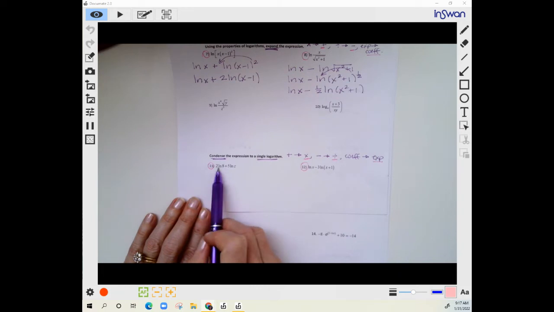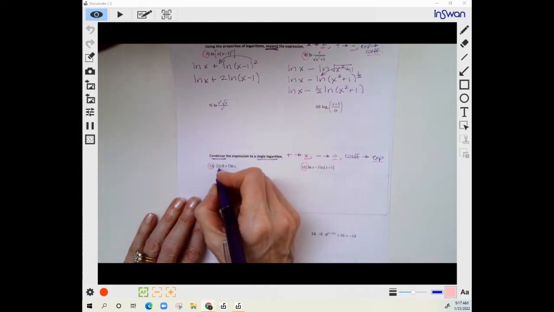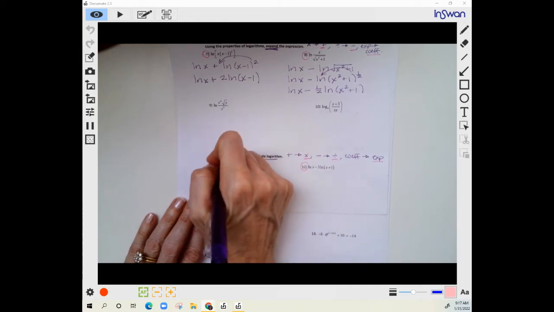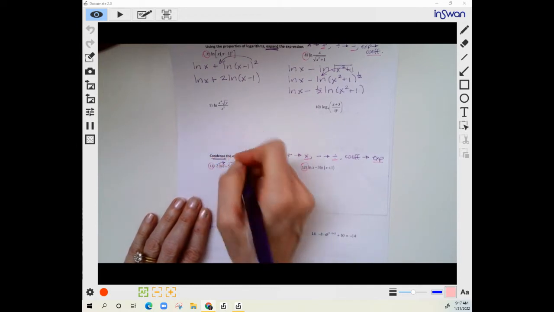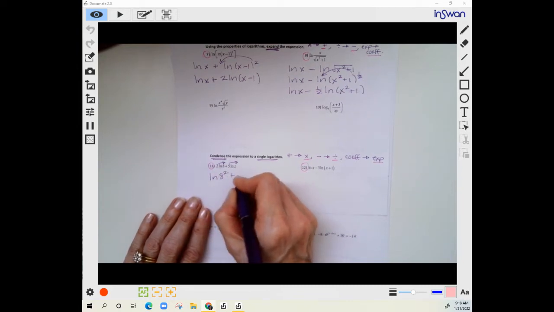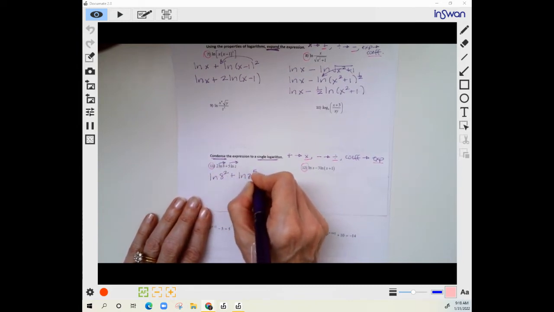So we have two logs. Each of them has a coefficient. So we're going to go in reverse order of operations. We're going to take the coefficients and move them up as exponents first. So it's going to become natural log of 8 squared plus natural log of z to the 5th.